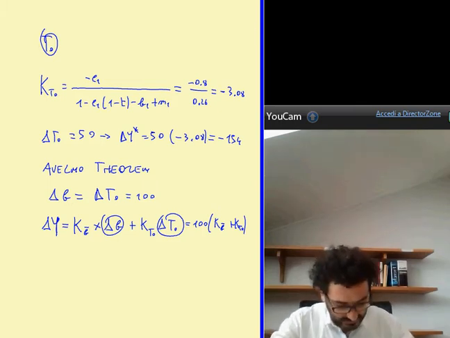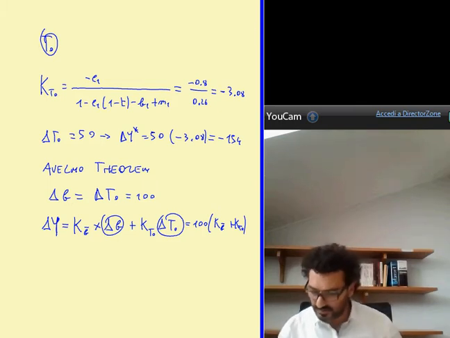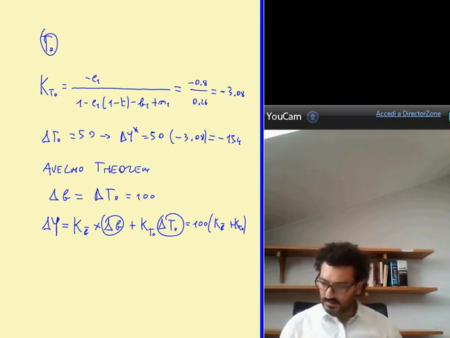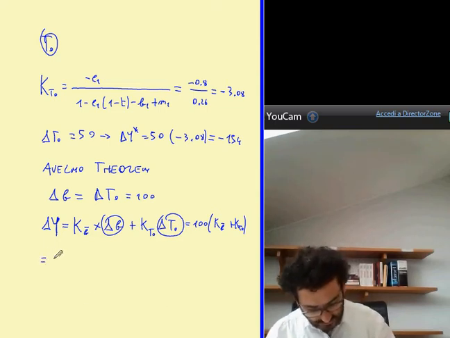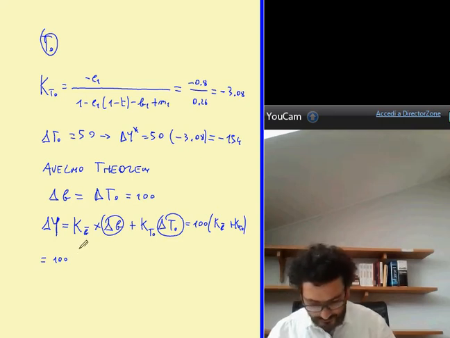And in this case, we can also compute this sum of multipliers, so this should be equal to 100 multiplying what?